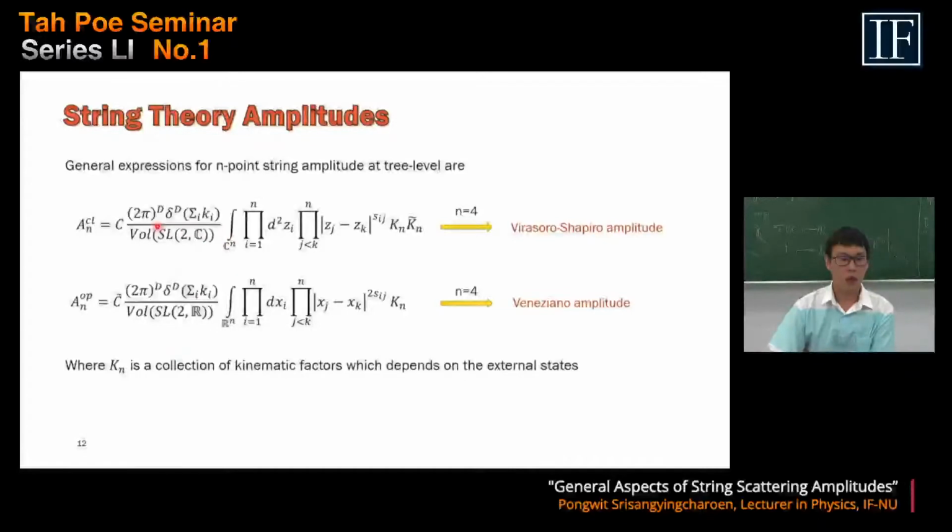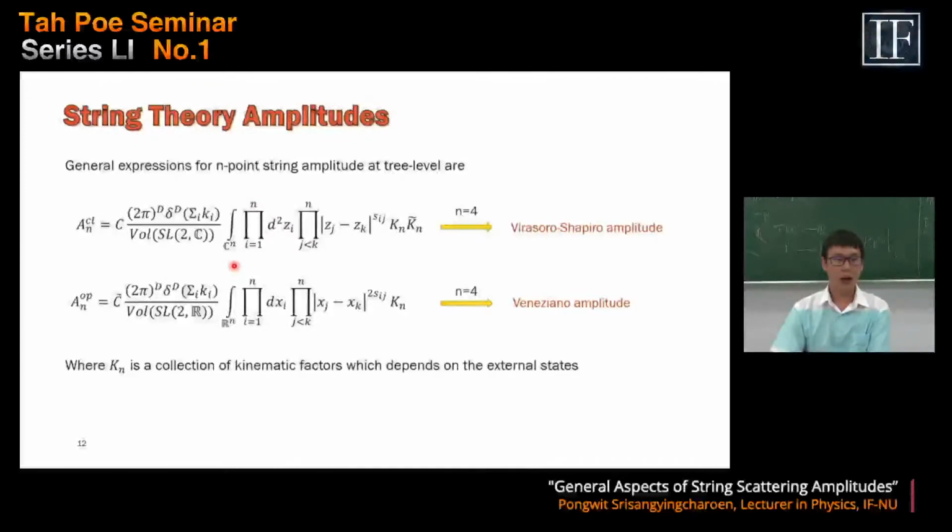Because it is a Mobius symmetry, it allows us to fix any 3 points on the worldsheet. So instead of integrating over all the points Z and Z bar from i from 1 to n, you just reduce it by 3.